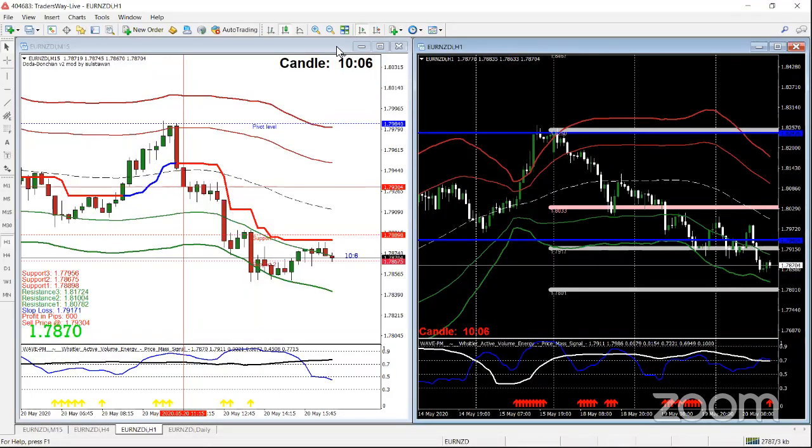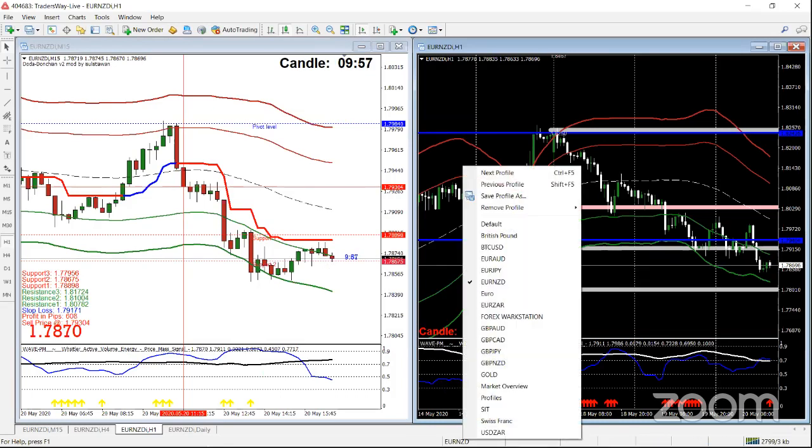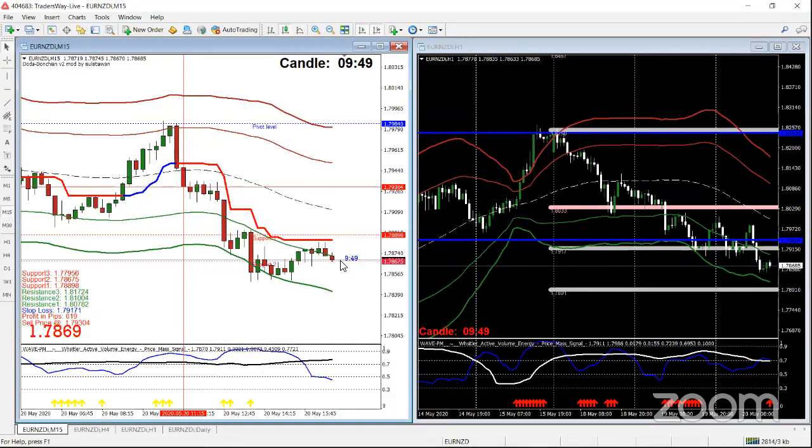See something here. We're going to come back to this one, but we need to keep an eye on it. On the 15, if you want, you could take an aggressive buy right now. On the 15, it went into that fuel.